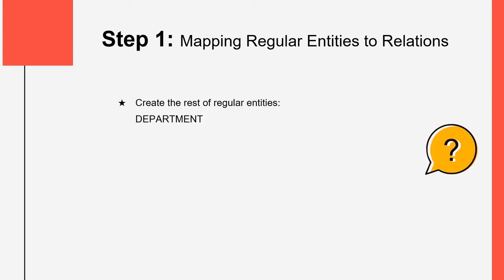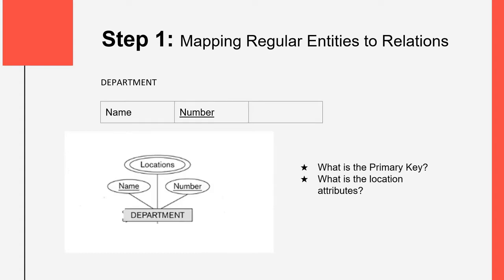So next, let's create the rest of the regular entities, which is the department. As we can see here, the department has the attributes name, numbers, and location. The location is a multi-valued attribute.